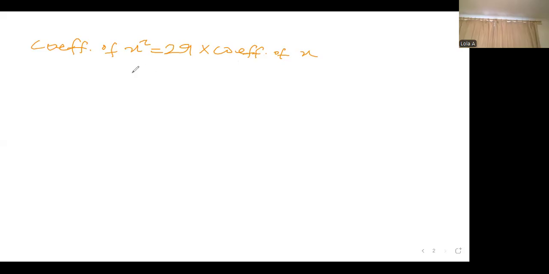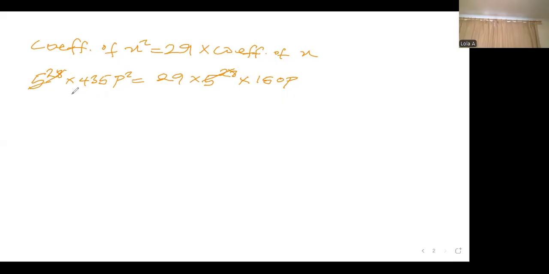So the coefficient of s squared that we have is 5 raised to power 28 times 435p squared, which equals 29 times the coefficient of x, which is 5 raised to power 28 times 150p. So you see that 5 raised to power 28 cancels here.